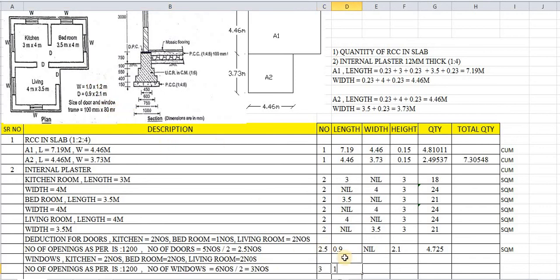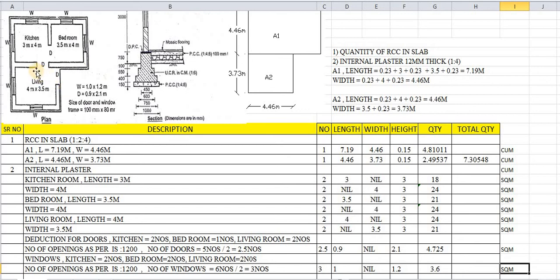Length of window is 1 meter. Again there is no such width of window. What about height of window? The height of window has been given as 1.2. So it comes to be 3.6, again measured in square meters.